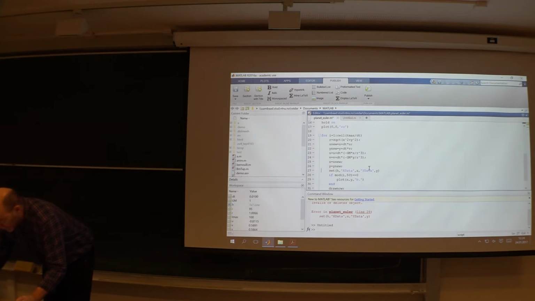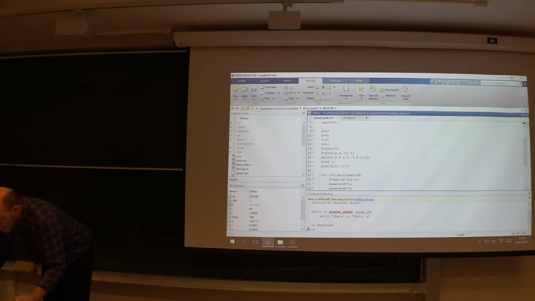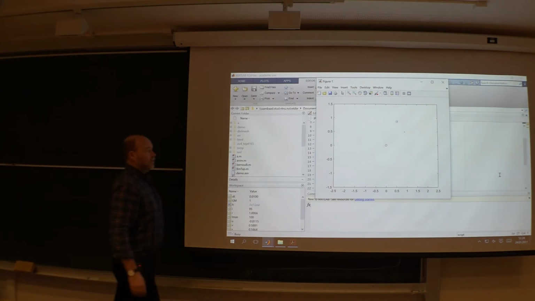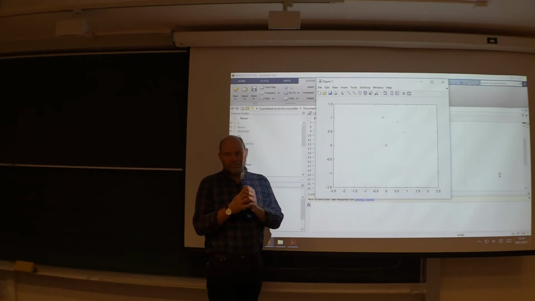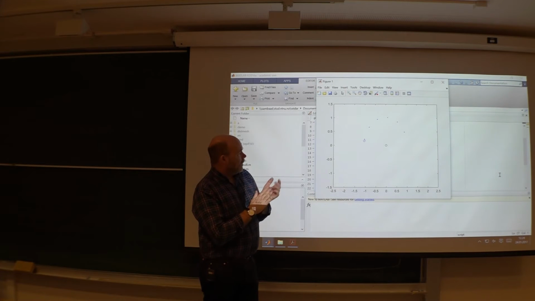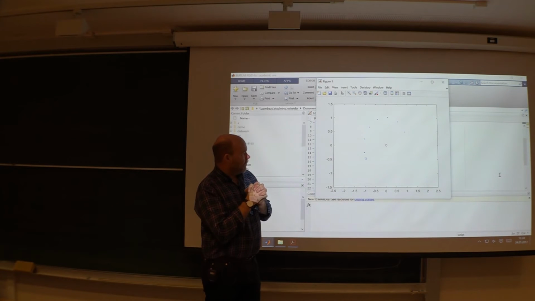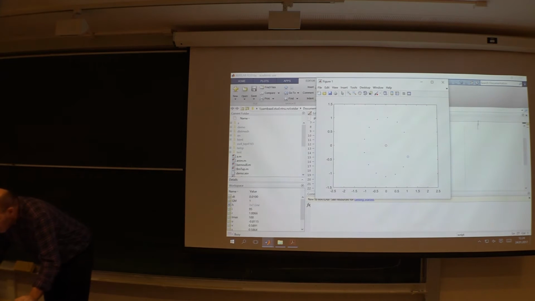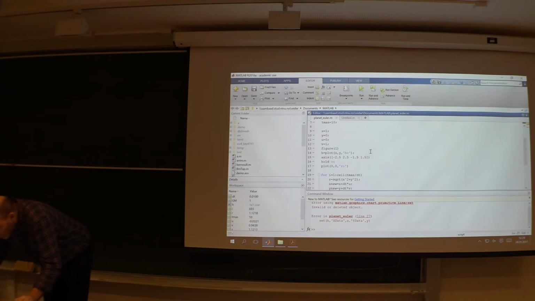So this was now an animation of the Earth orbiting the Sun, or a satellite orbiting the Earth, whatever you want. And here everything is sort of non-dimensionalized. Oh, it didn't actually become circular. How come? Remove that one.